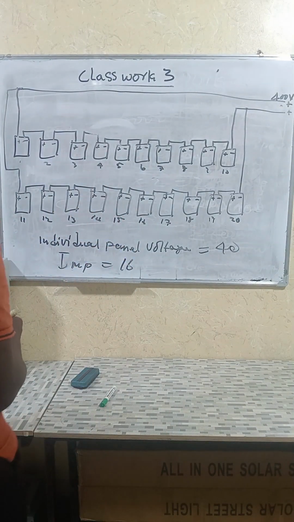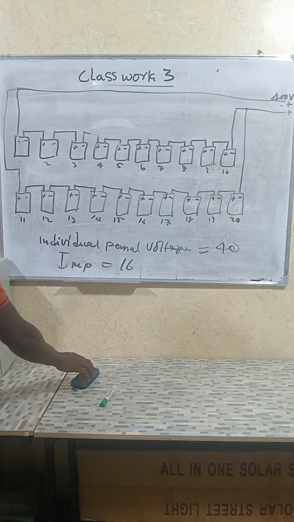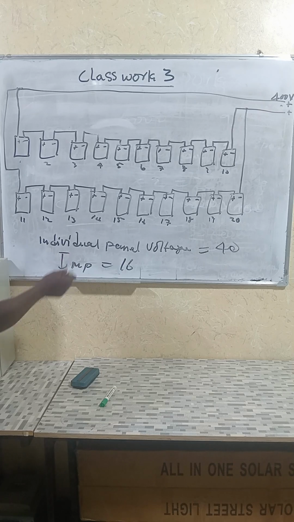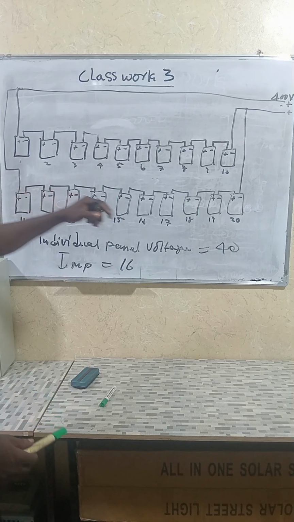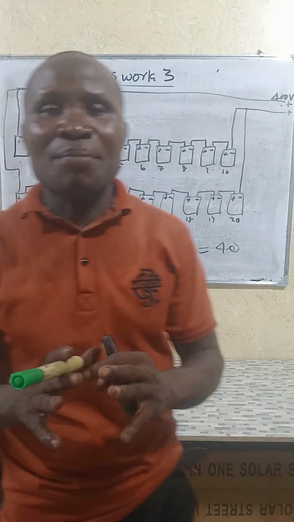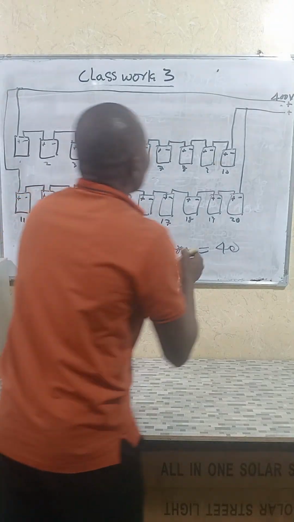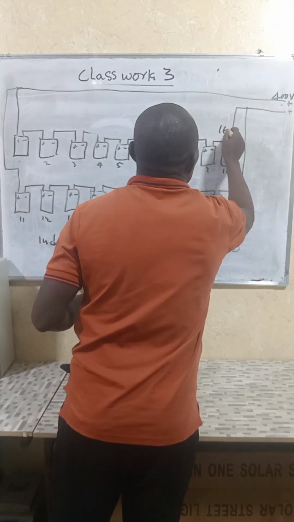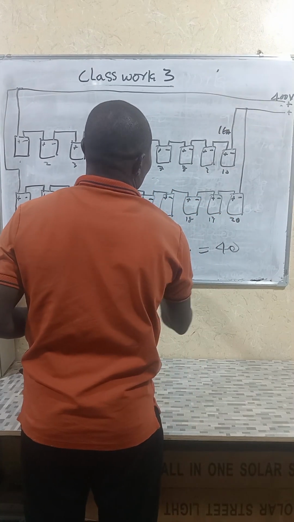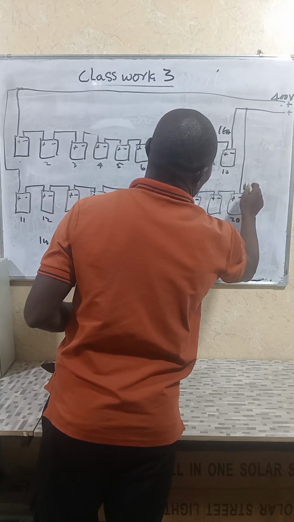Now, the individual current at this time is what? 16. When you are connecting in series, the current remains the same. And that is why the current at the output of this gives you 16 amps. The current at the output of this gives you 16 amps.